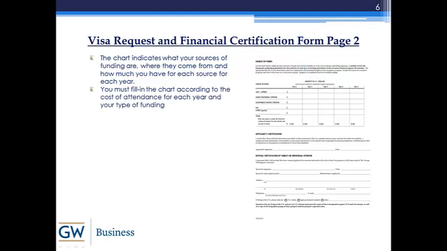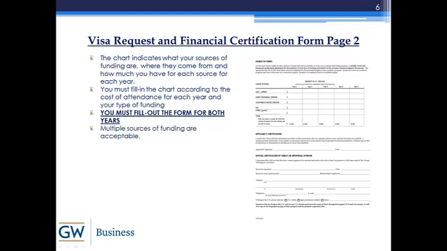You must fill in the chart according to the cost of attendance for each year and your specific type of funding. You must fill in for both year 1 and year 2. Please do not only fill in for year 1.